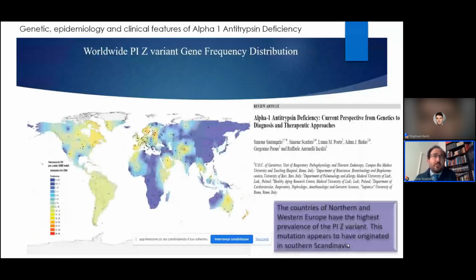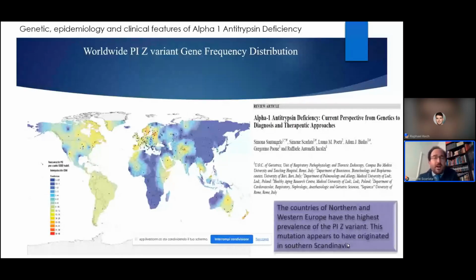A few words about the epidemiology of alpha-1 antitrypsin deficiency. This is the distribution worldwide of PiZ variants, and as you can see, it is very highly distributed in Northern Europe, Western countries and South America.